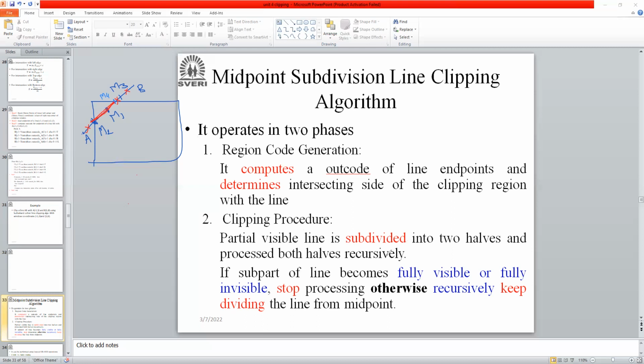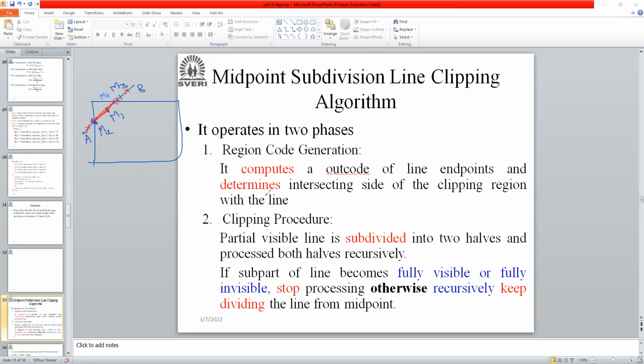A partially visible line is subdivided into two halves and both halves are processed recursively. If a subpart of the line becomes fully visible or fully invisible, stop. Otherwise, again recursively go on subdividing the line to find its midpoint. So that is how the steps are carried out.